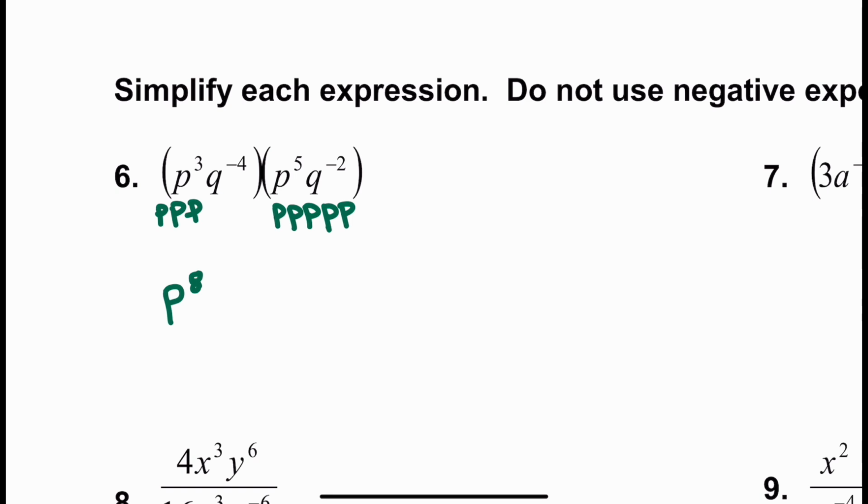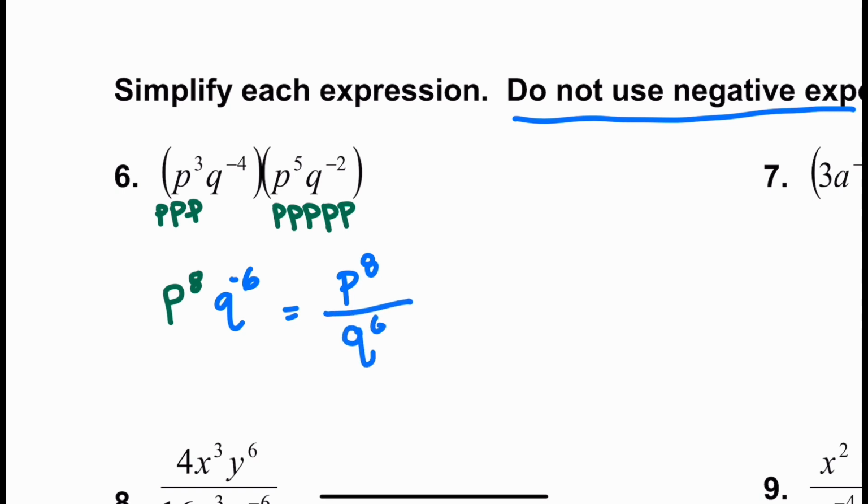We have q to the negative 4 and q to the negative 2. We add those together. That's going to give us q to the negative 6. We do not want to use negative exponents, and so we want to take that q to the denominator, where the p is going to stay in the numerator. The q goes to the denominator, and it becomes a positive 6, which will give us our answer.